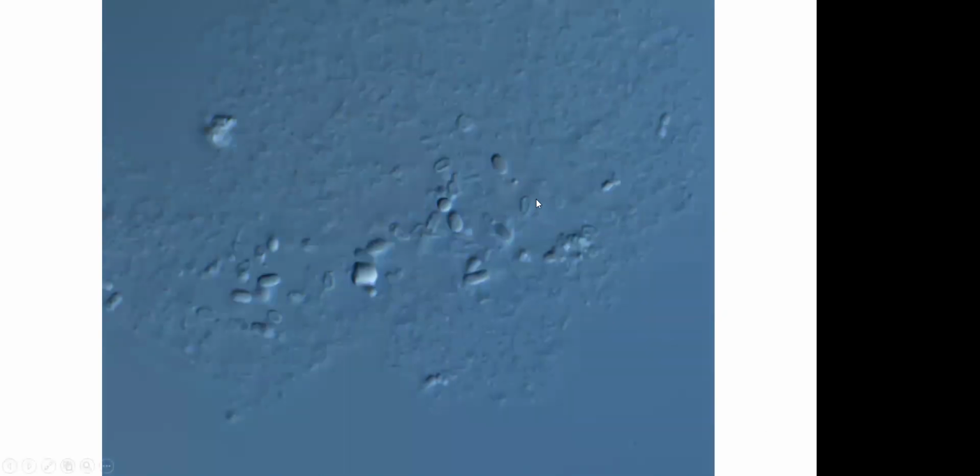This is another microscopic method called differential interference contrast, or Nomarski microscopy, showing the spores very nicely, some of which, especially in the next one, you can see are empty. So they've ejected their contents, and those are the empty spore coats that you can see in some places.